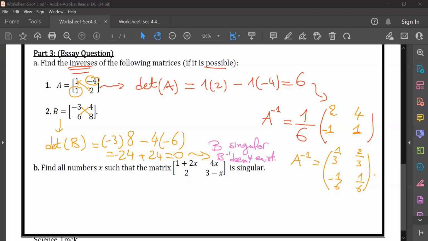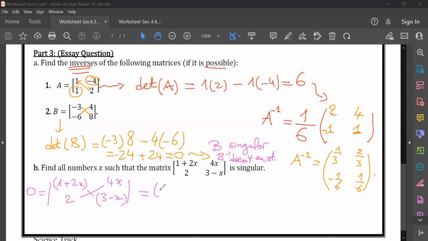Finally, the last question of this section. Again, find the numbers x such that this matrix is singular. So now we are used to this question. This means that the determinant of this matrix must be equal to 0. So we calculate the determinant.